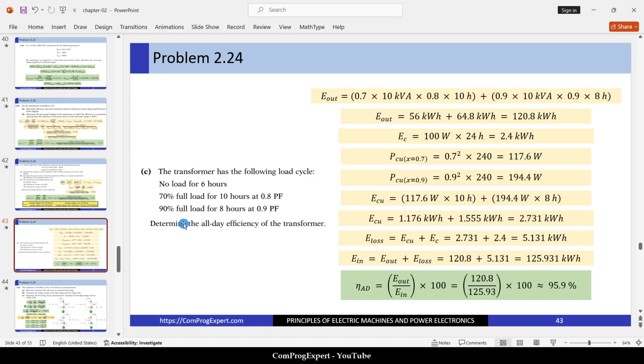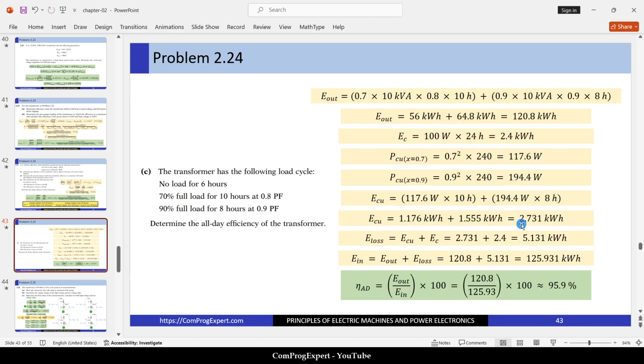That is equal to 117.6. The copper loss for this interval is 0.9 to the power 2 times 240. So finally, we can calculate the total energy loss for the copper: 117.6 times 10 hours plus this number times 8 hours.